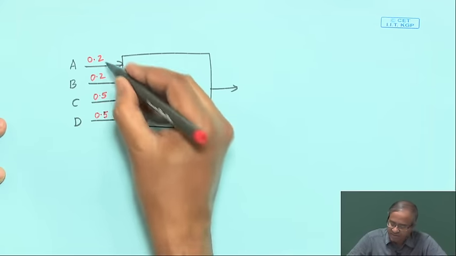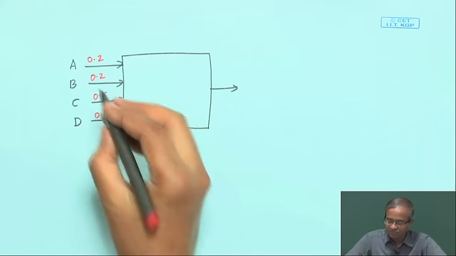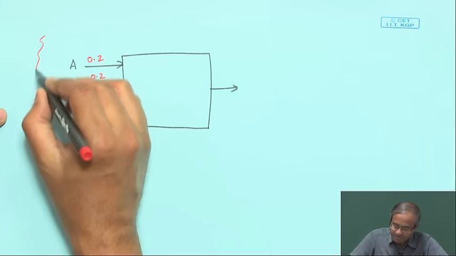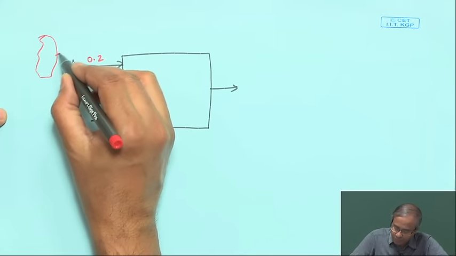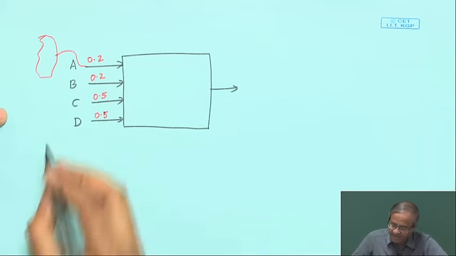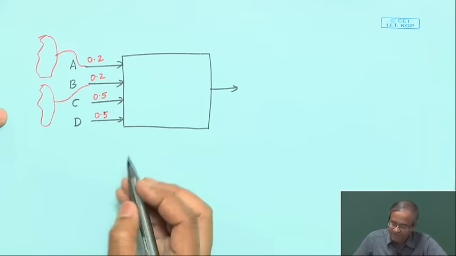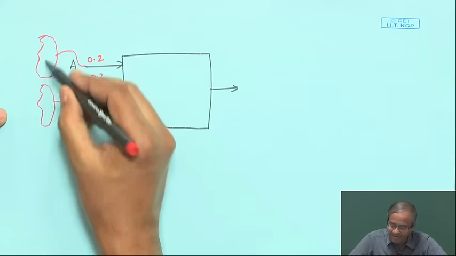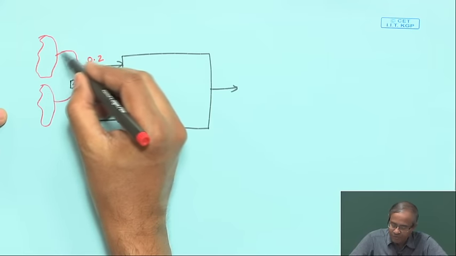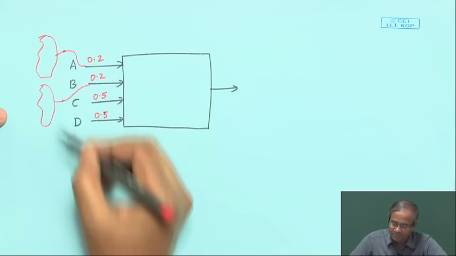Well, you can ask how I know these values. Well, you see, there can be some circuit from the output of which you are driving A, and some other circuit from where you are driving B. These circuits can determine how frequently the output can be 1 or 0.